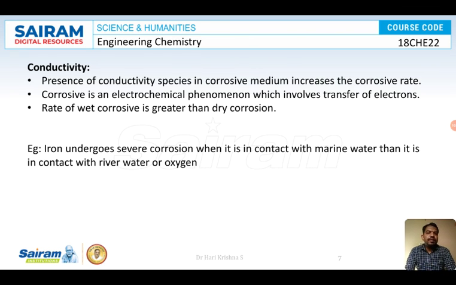Since corrosion is an electrochemical phenomenon, which involves transfer of electrons, the ions will influence the rate of corrosion. The conductive species, whether Na+ ions, Cl- ions or Mg2+ ions, will increase the rate of corrosion. So the rate of corrosion is directly proportional to conductivity.